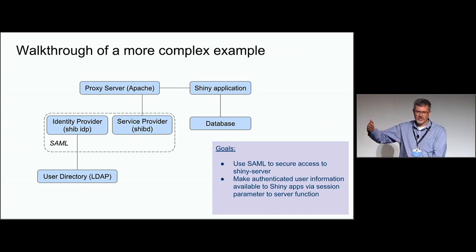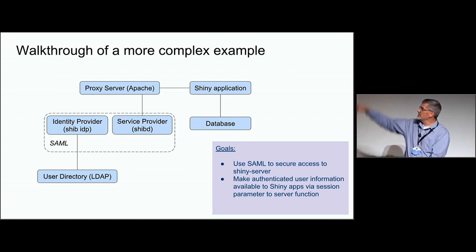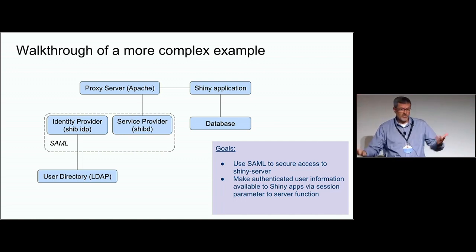And when a user tries to hit the application, in our case a Shiny application, the service provider detects that they don't have a session. We don't know who this user is. So it uses browser redirects to redirect that user to the identity provider, and it prompts them to log in.